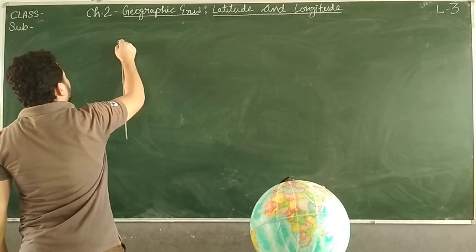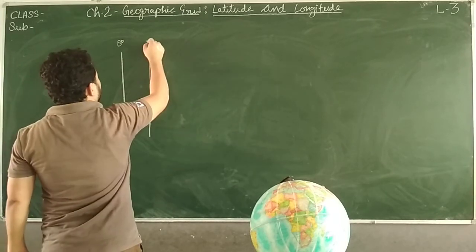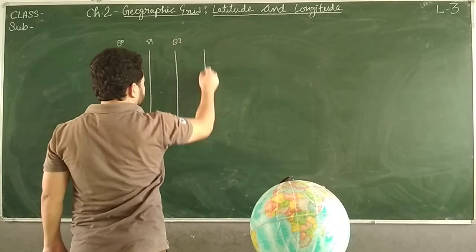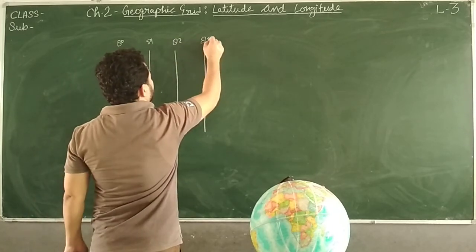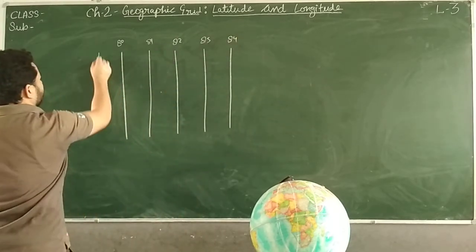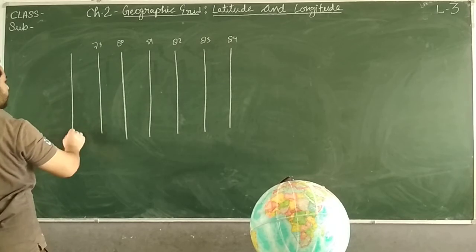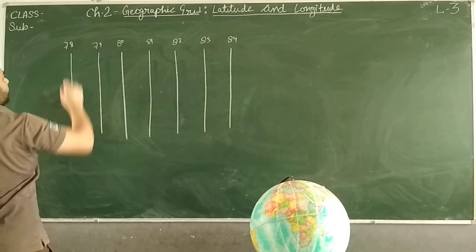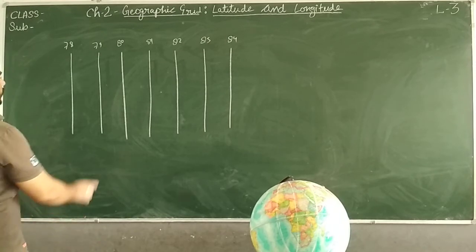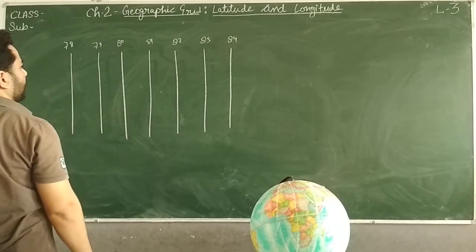Suppose this is 80 degree, 81 degree, 82 degree, 83 degree, 84 degree, 79 degree, 78 degree, and so 3 and 3, 81.